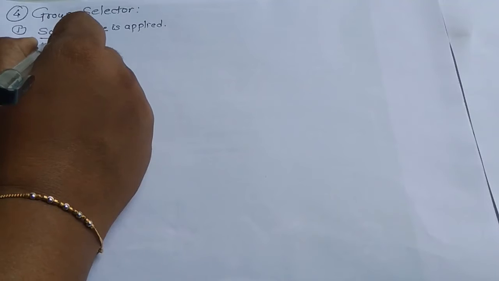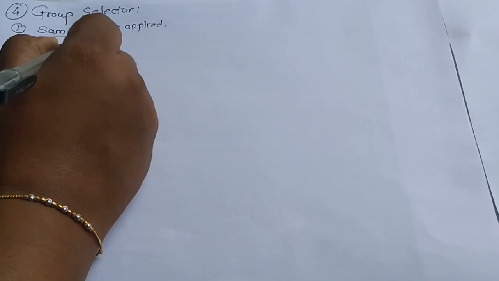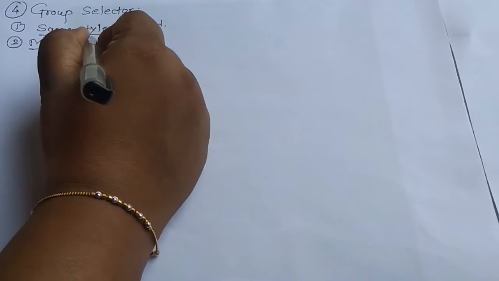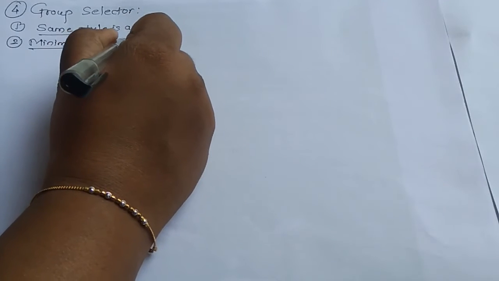The second important thing about the group selector is that it is used to minimize the code. As all the elements have the same style, there is definitely a minimization in the code.